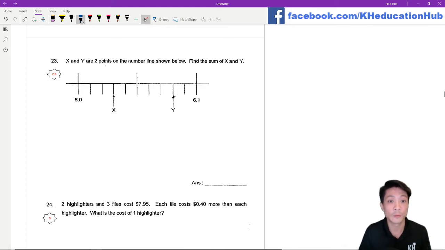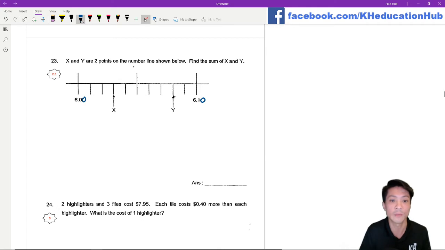Okay, X and Y are 2 points on the number line, which is here and here. Now they want you to find the sum of X and Y. So it is between 6 to 6.1, right? And then you can see that the number of divisions between them is 1, 2, 3, 4, 5, 6, 7, 8, 9, 10. So we're gonna add a 0 behind here and behind here, so that you'll be from 6.00 to 6.10, which is just nice, 10, right?